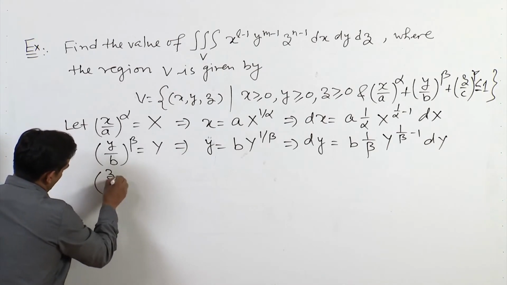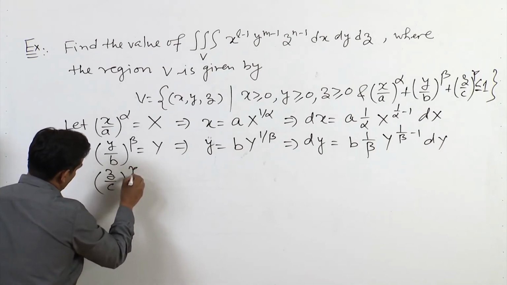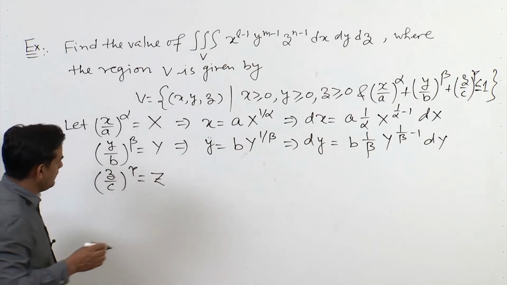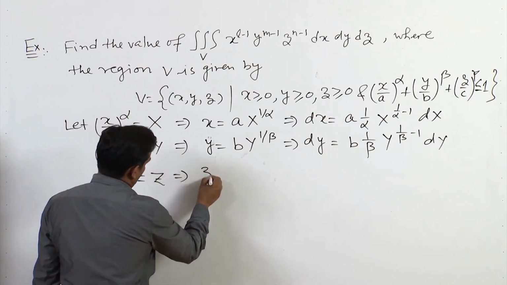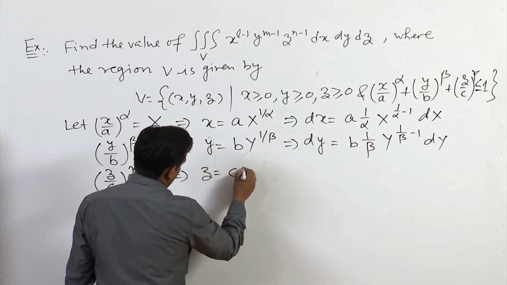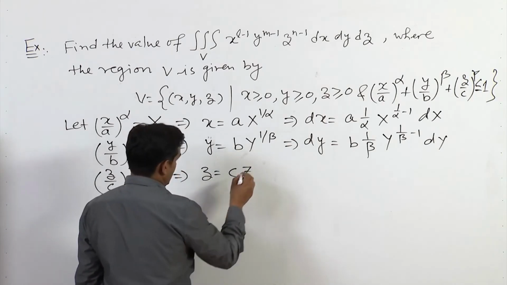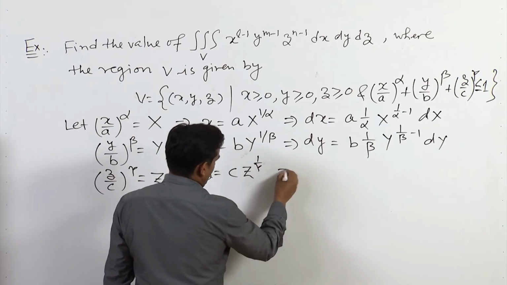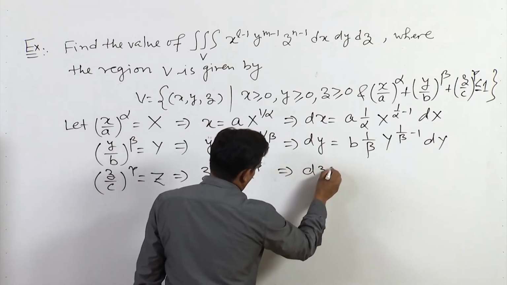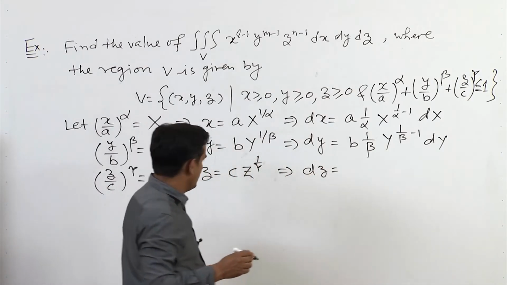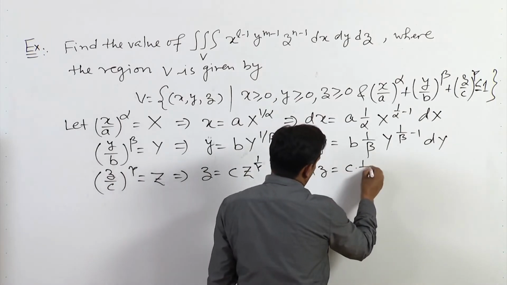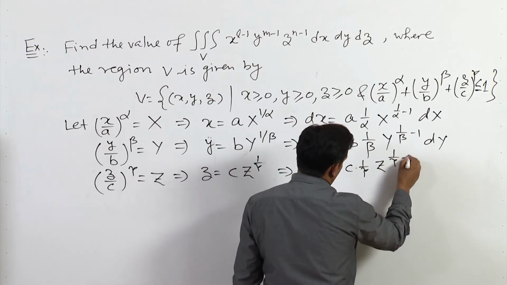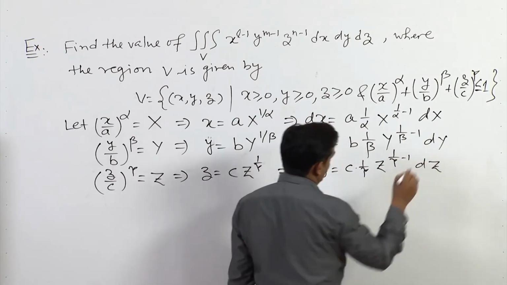Similarly, I will put (z upon c) raised to power gamma equals capital Z. So, this will give me small z equals c times capital Z raised to power 1 upon gamma, and then from here I will get dz equals c into 1 upon gamma capital Z raised to power 1 upon gamma minus 1 dZ.